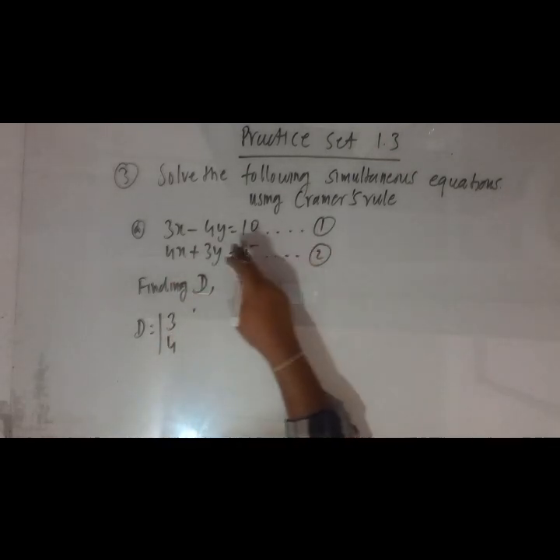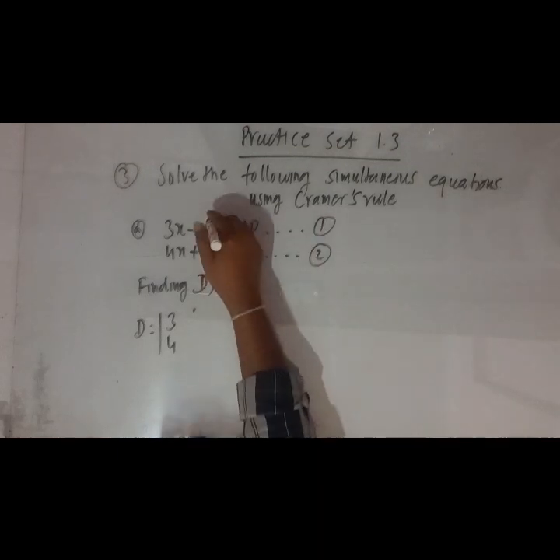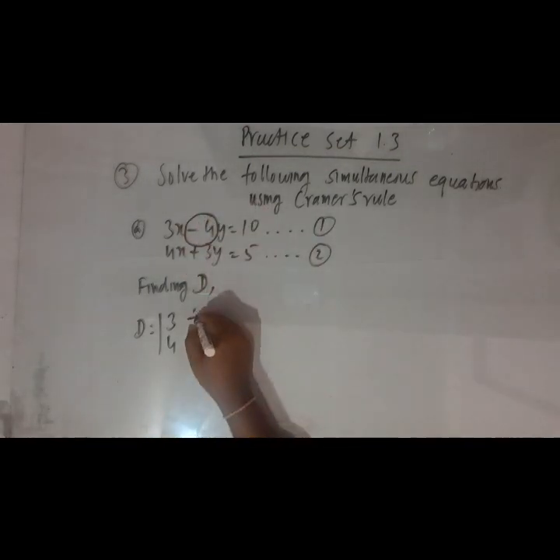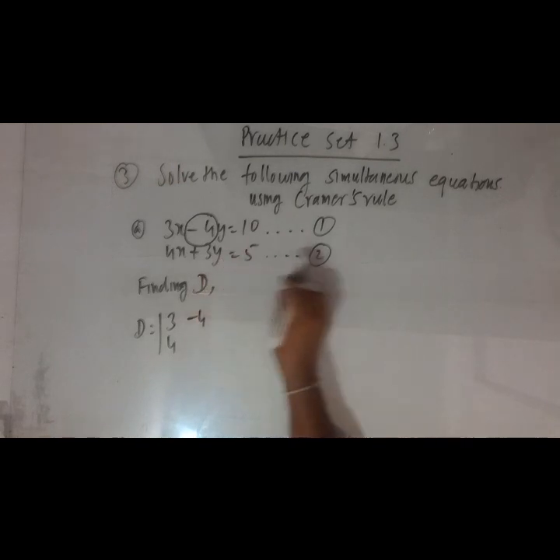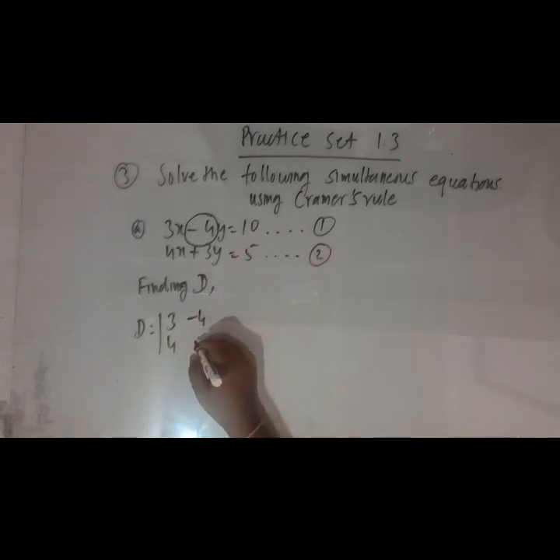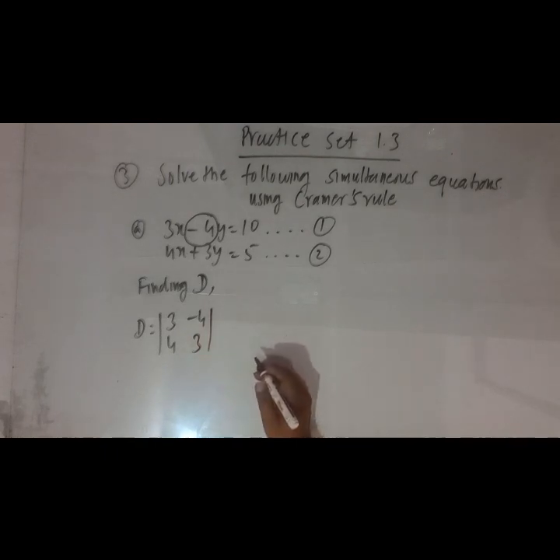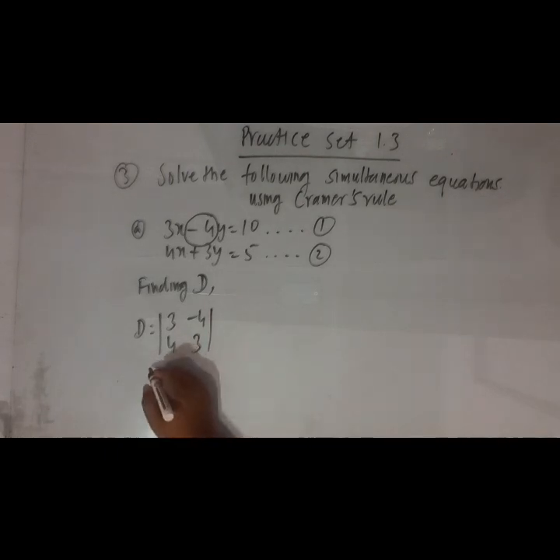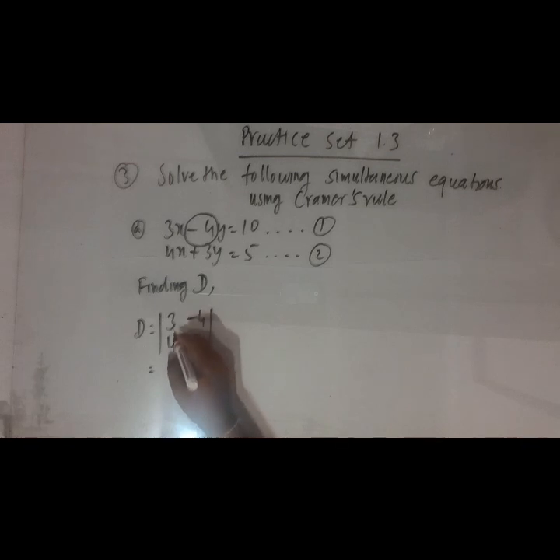Then the coefficient of y for equation number 1 is minus 4, and the coefficient of y for equation 2 is plus 3. Okay, so you write down 3. Then you solve this determinant like this, cross multiply 3 into 3 and minus 4 into 4.